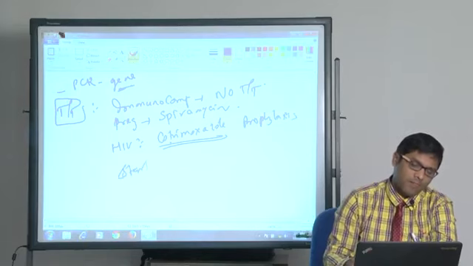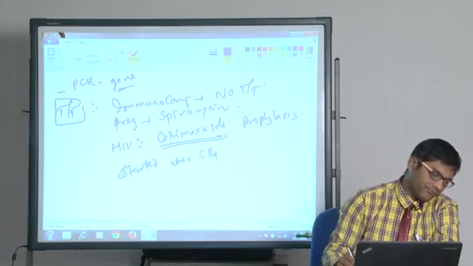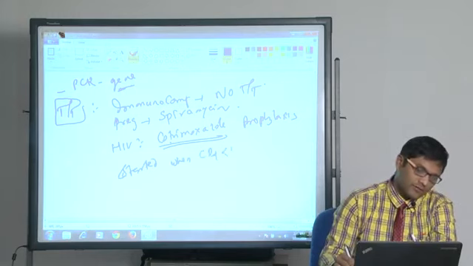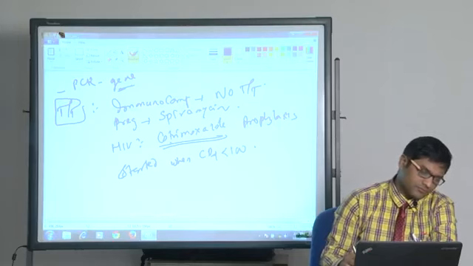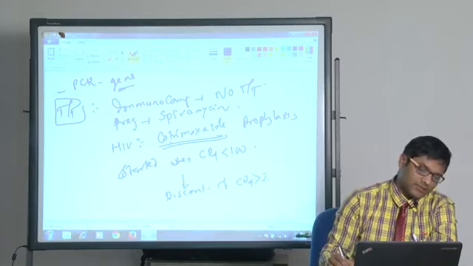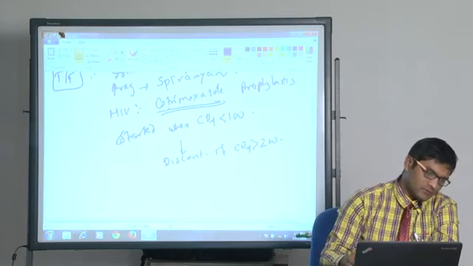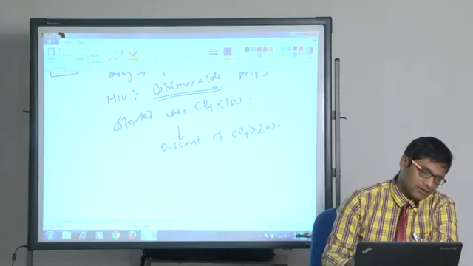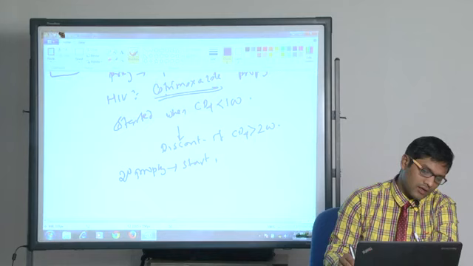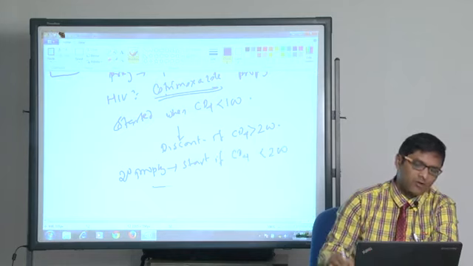It is started when the CD4 count falls below 100, discontinued if the CD4 count rises above 200, and secondary prophylaxis you have to start again if the CD4 count falls below 200.